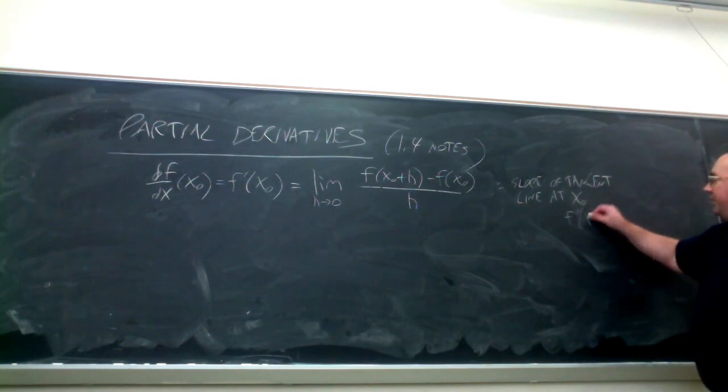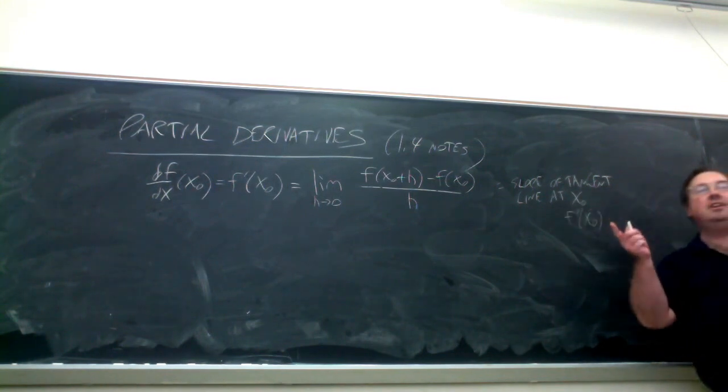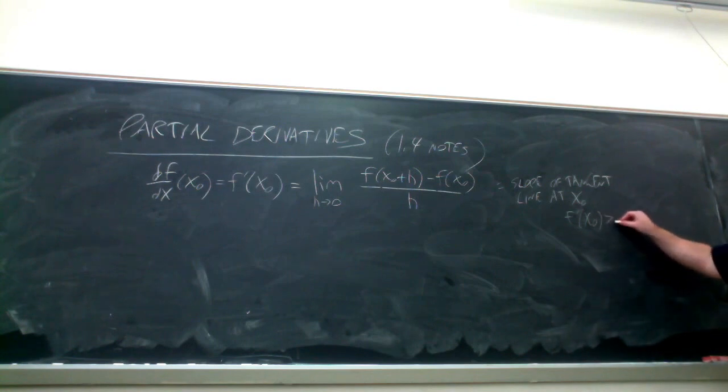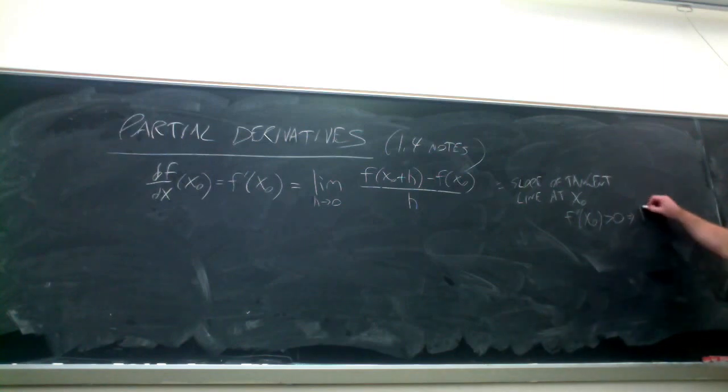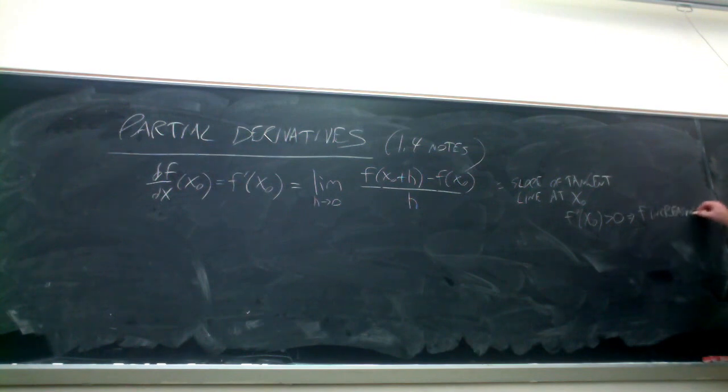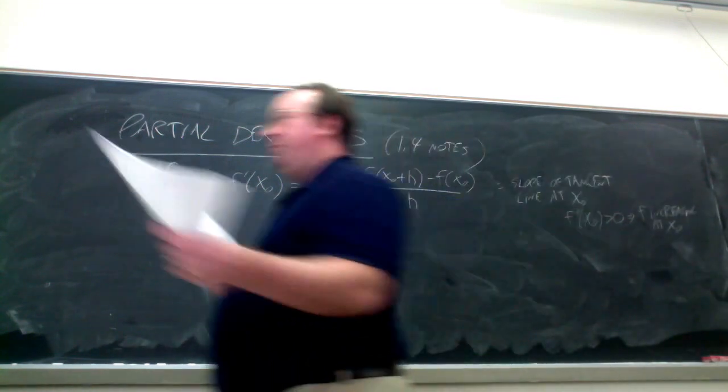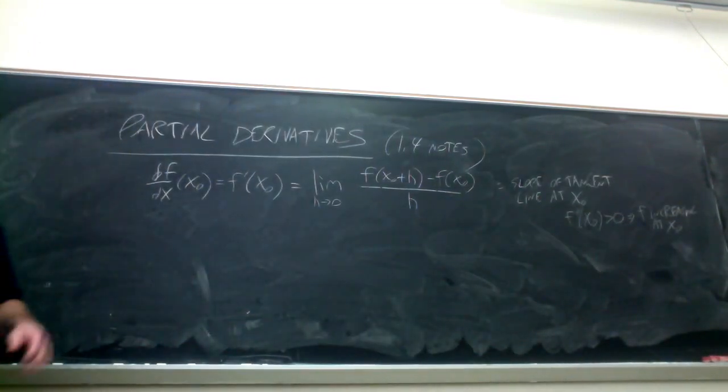Suppose we computed this derivative at a certain point, x naught, and we found it to be positive. What does a positive derivative mean? The function is increasing at that point. And then if it's negative, then it'd be decreasing. If it's 0, then you have a horizontal tangent.